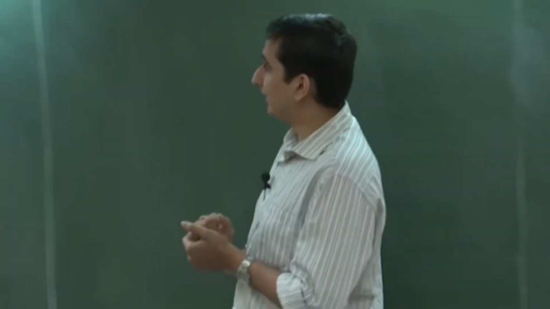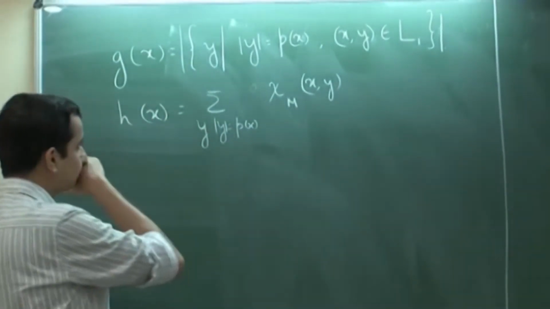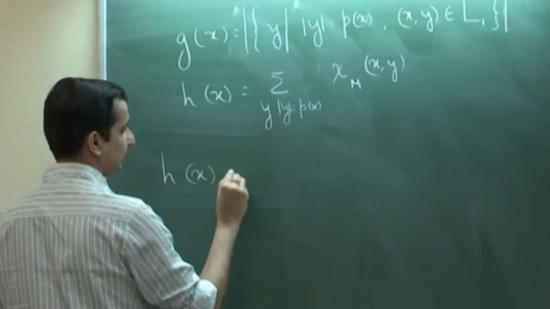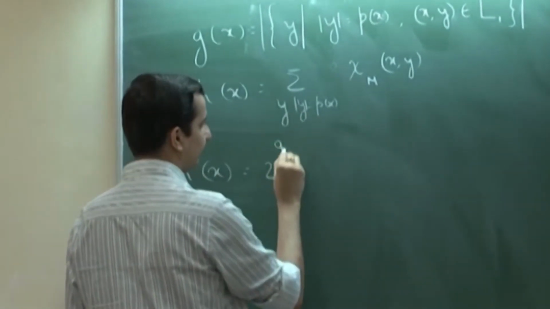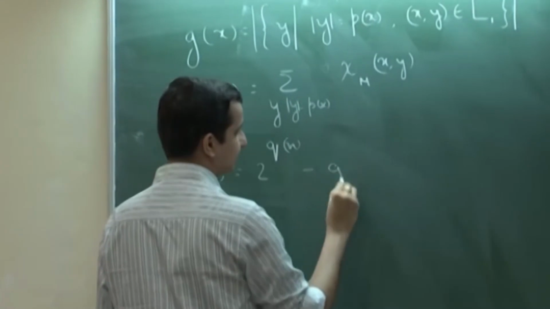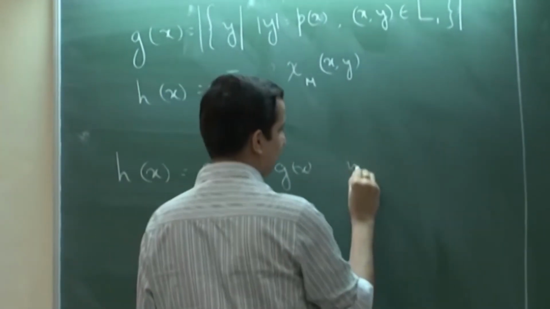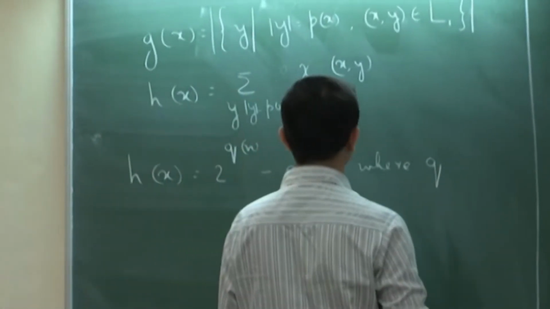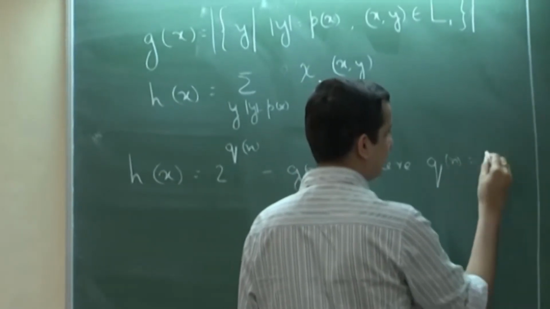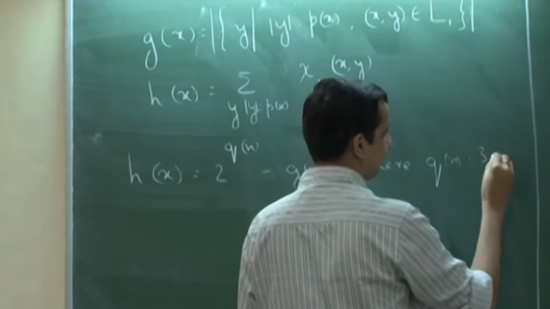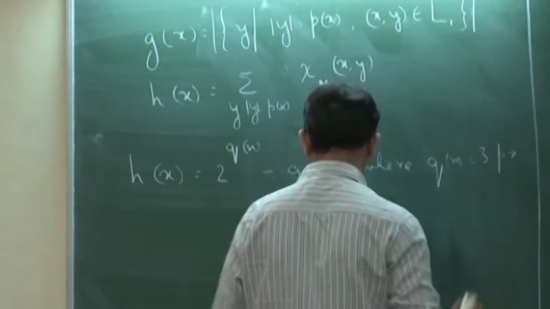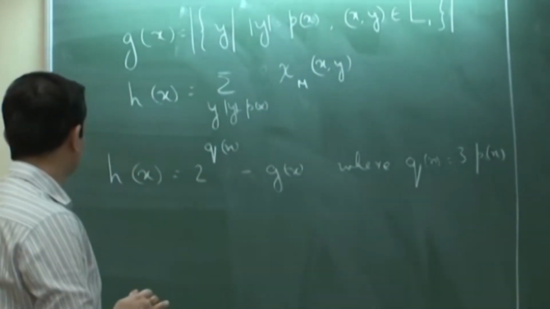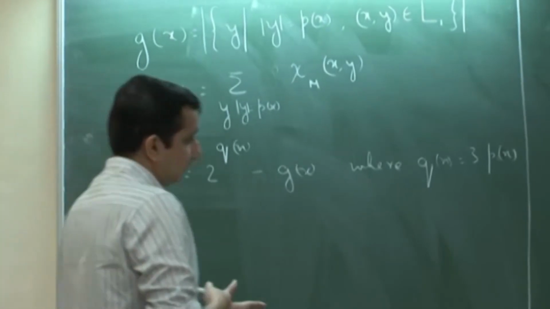Because of the way we define these two functions, h of x is equal to 2 to the power q n minus g of x, where this q basically comes from the polynomial p. I think we defined it as 3 p n.